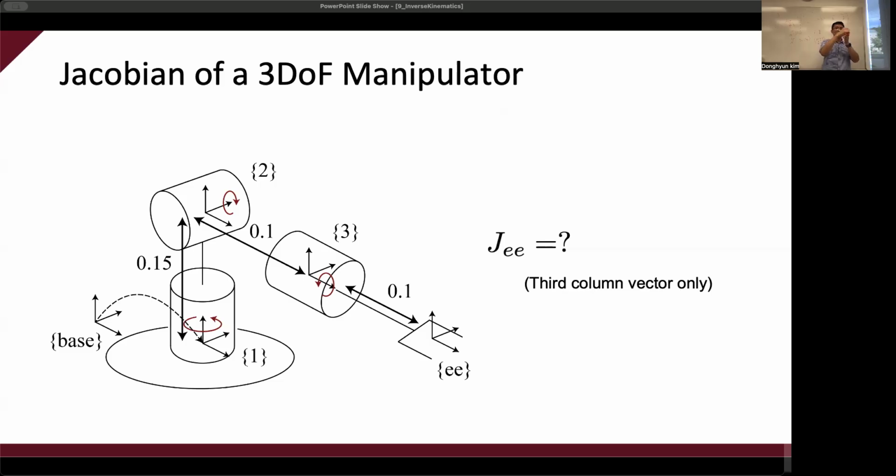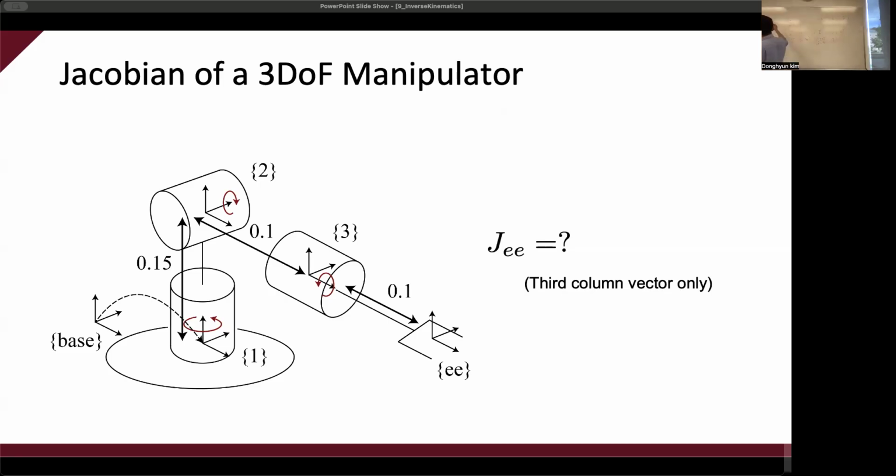Once it's rotating this way, then instantaneously you're going to see a downward velocity, right? Is there any other x or y directional velocity? No, right? There is no x or y directional velocity at this posture.